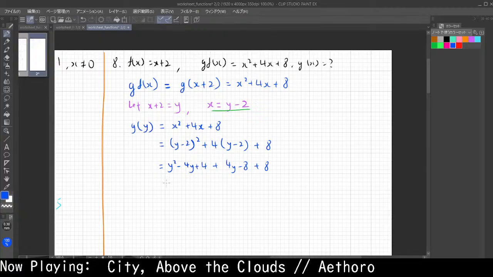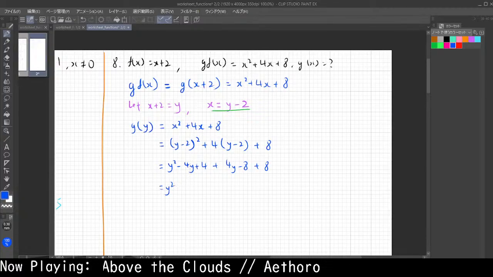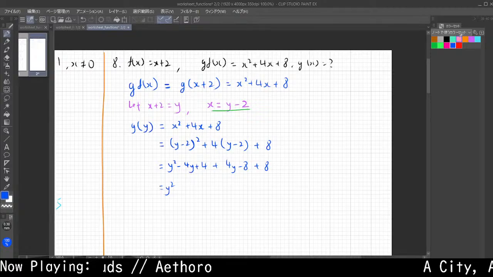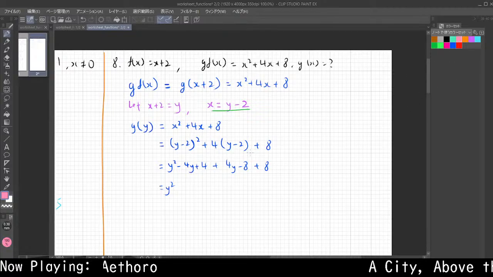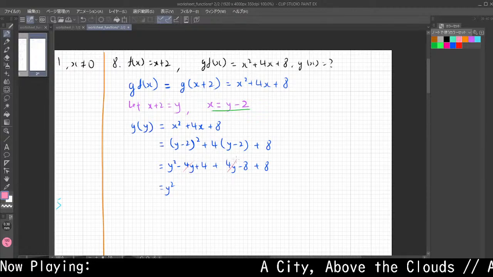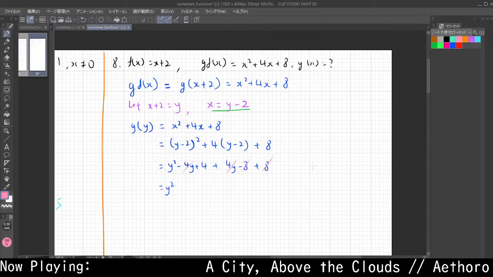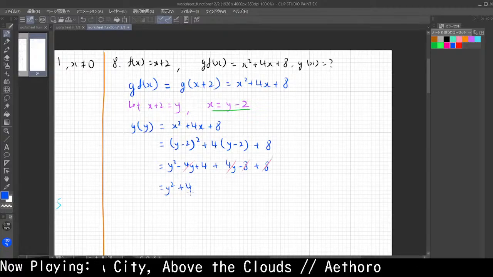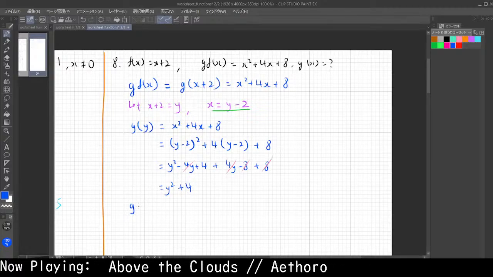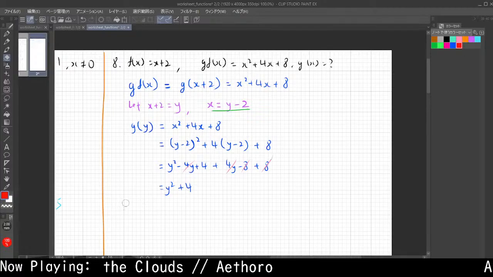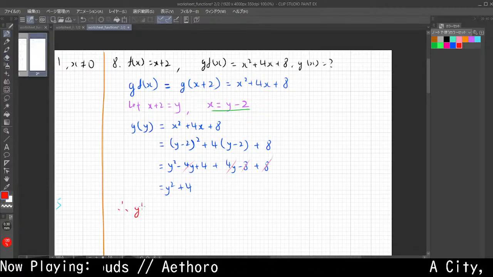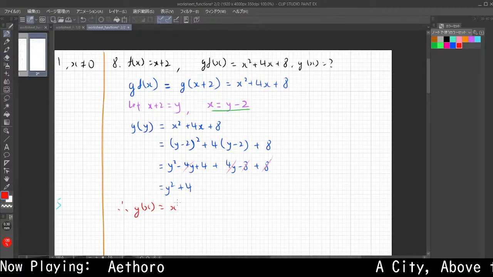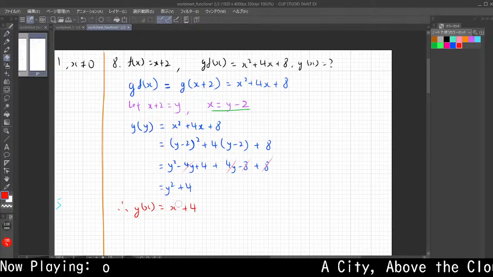Rearranging, minus 4y plus 4y cancel out, minus 8 plus 8 cancel. We are left with y squared plus 4. So g(y) equals y squared plus 4. Therefore, g(x) equals x squared plus 4.